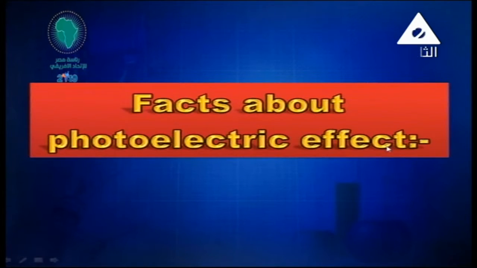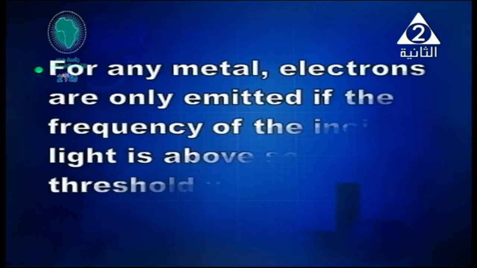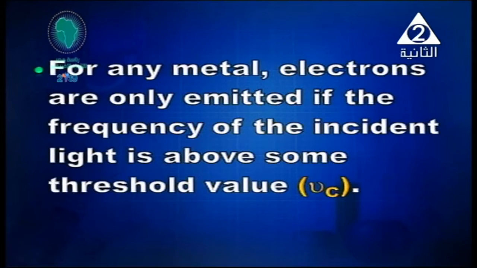We've got some facts concerning photoelectricity. So, talking about facts about photoelectric effects. For any metal, electrons are only emitted if the frequency of the incident light is above some threshold value, above nu c.